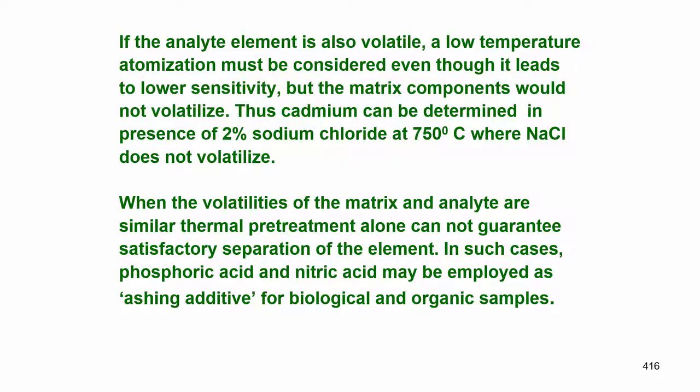Lower temperature is better, but the matrix components you will not be able to remove because you are atomizing at a lower temperature. Cadmium, for example, can be determined in the presence of 2% sodium chloride at 750 degrees centigrade, whereas sodium chloride does not volatilize. These are some of the tricks that we employ depending upon the analysis and the sample matrix.